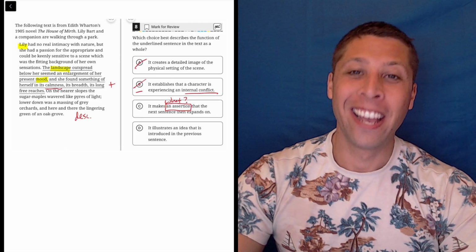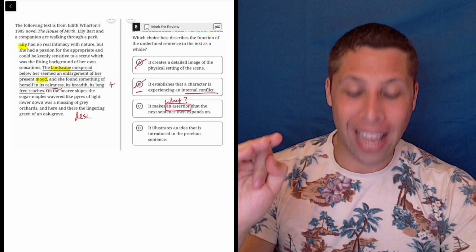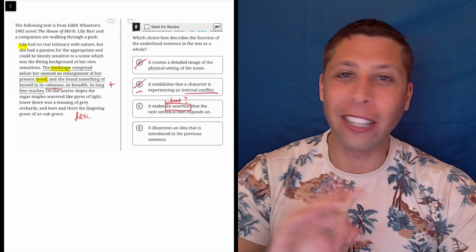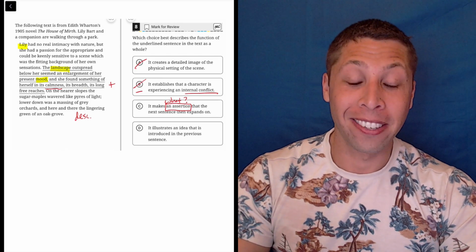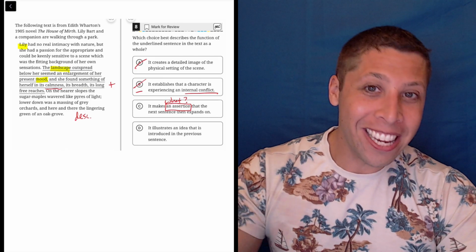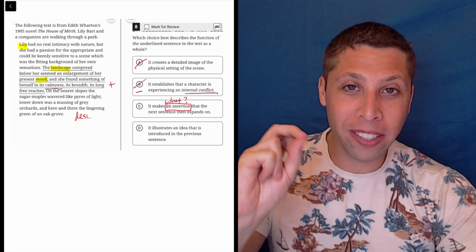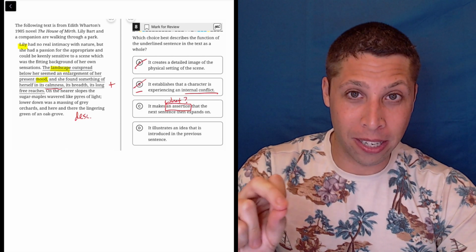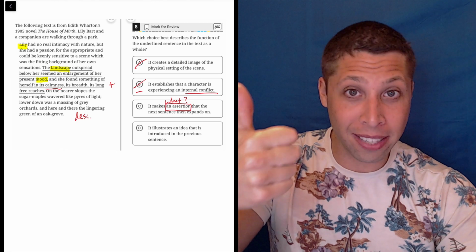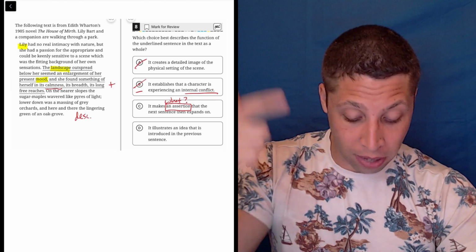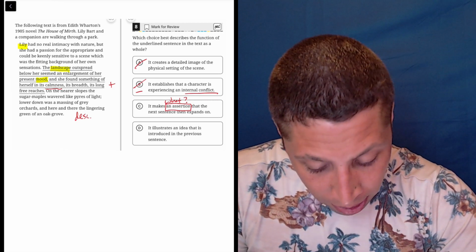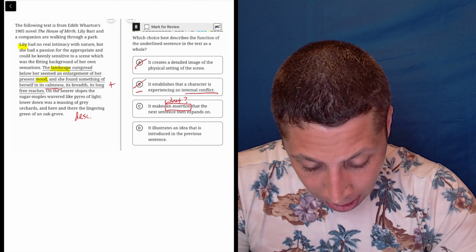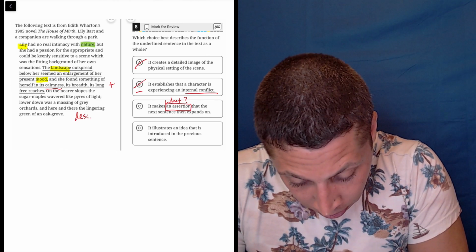I love this question. When I first read that, I had very little understanding of what that first sentence meant. But now, because of choice D, I perfectly understand it, right? What did the underlined portion ask me to match with? It has to talk about the landscape, and it has to talk about her mood. So now I'm going back to that previous sentence, and I'm like, okay, did they talk about the landscape and the mood? Well, they say nature, right?